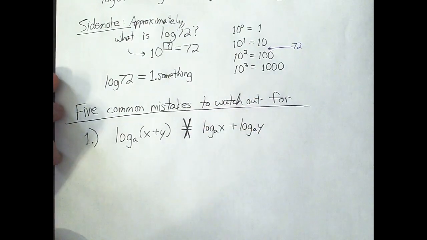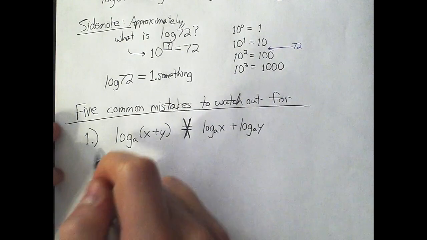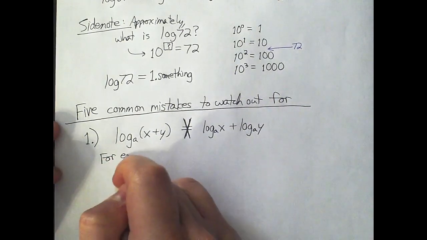That left-hand side does not equal that right-hand side in general. If you really want to nitpick, there might be one example where this works. But in general, this doesn't work. These are not equal.